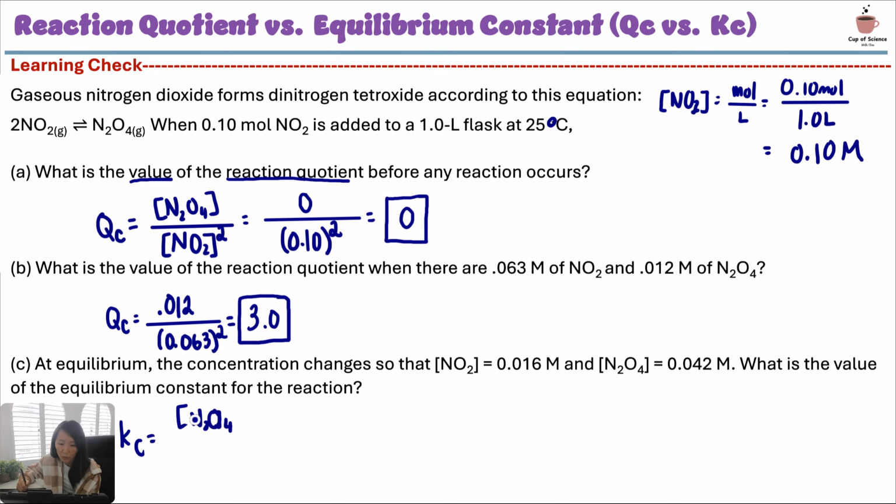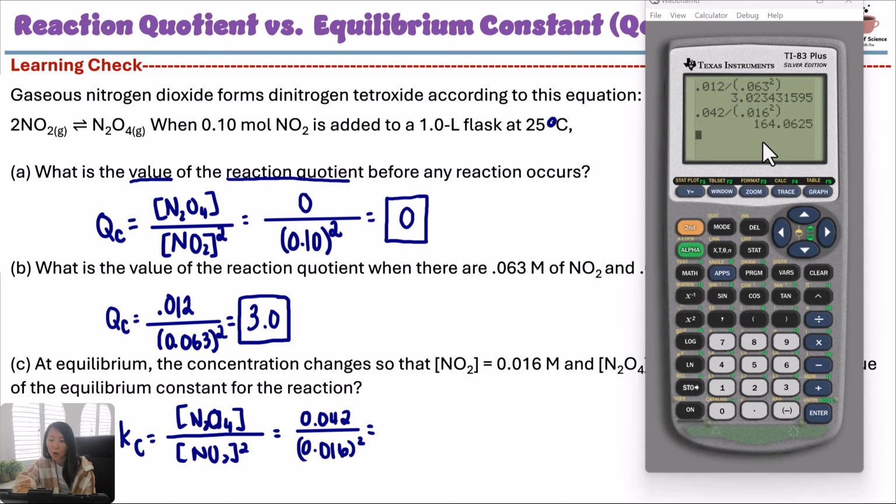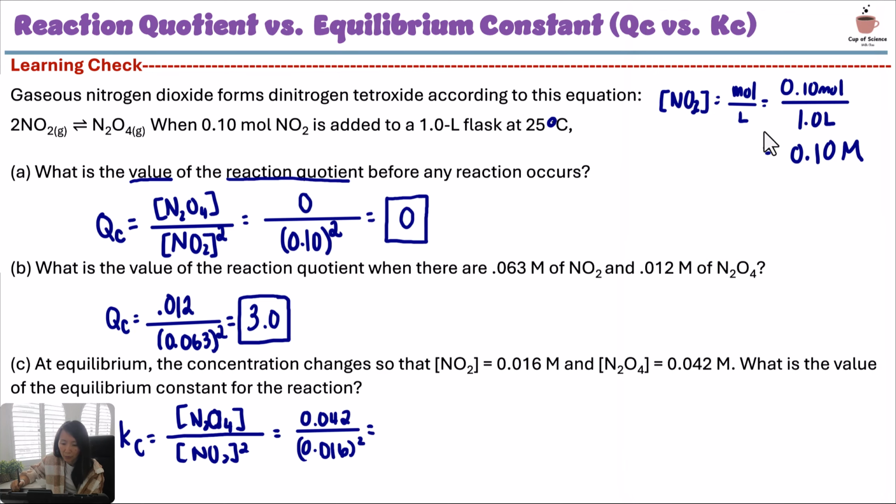This is N2O4, and then all over NO2 to the second power. Press in the corresponding values that are associated with it, calculate, and come back and check the video. Okay, so you can see on this calculator, it's about 164. Since I want to keep it at correct sig figs, I'm going to put it as 160.